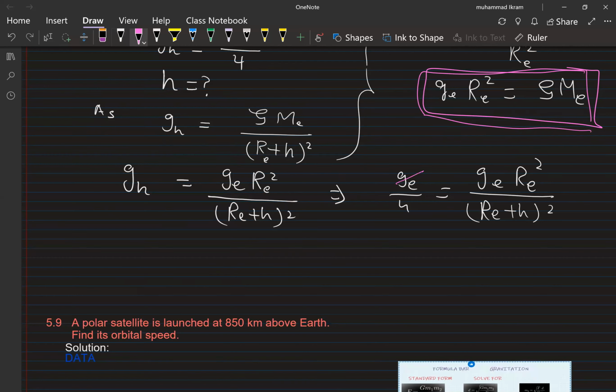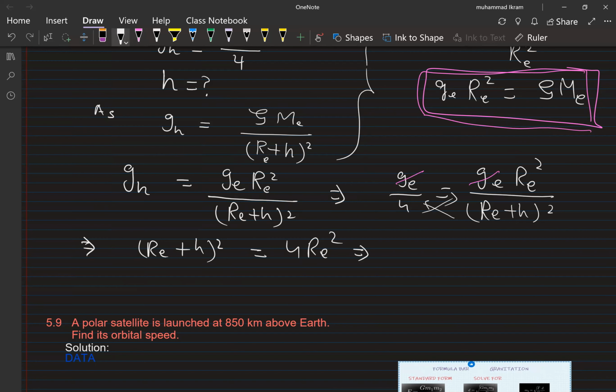You see, this g will get cancelled with this, and if you make your calculation easier, this will be equal to (Re plus h) whole square, and this will become equal to 4 into Re square.